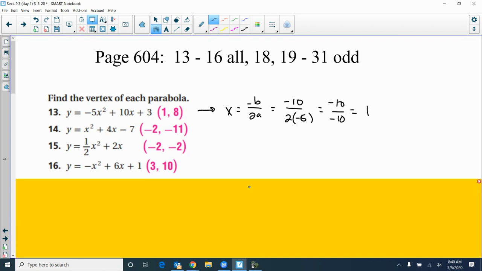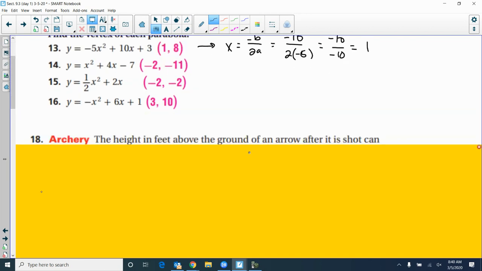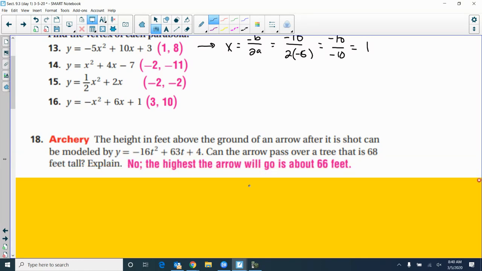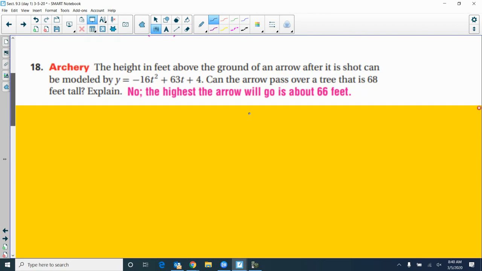What's the next one? 18. What does it ask us? Can the arrow pass over a tree that is 68 feet tall? You should find the vertex. The arrow goes about 66 feet. I'm assuming it comes out to a decimal. What was your x coordinate? Was it 1.97? So we agree with that?